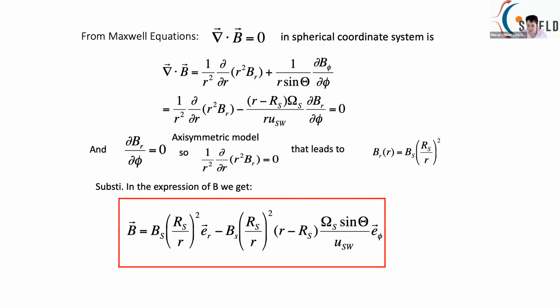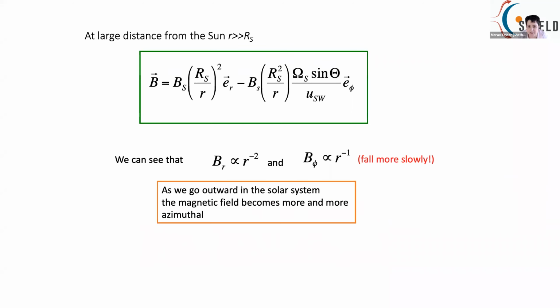So you can go from first principles and derive it, and you have a radial component that falls with 1/r², and another component that falls with 1/r², but there is an r here. So at large distances, the magnetic field from the sun is not 1/r², it's mostly just an azimuthal component.